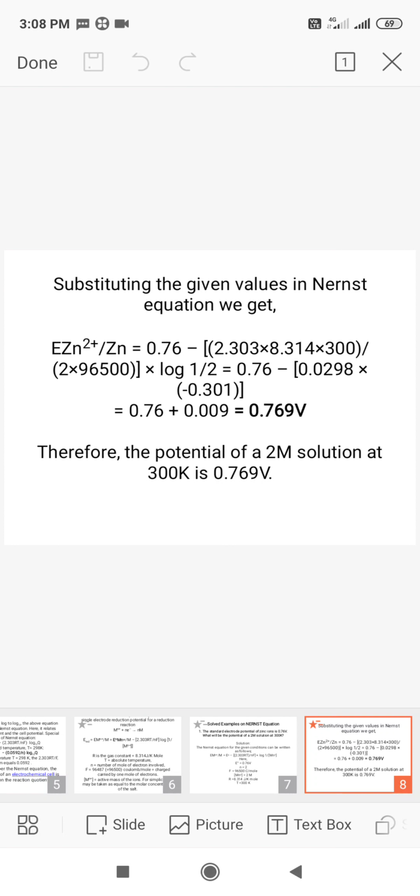That is why it is substituted as log 1 by 2. That will be equal to 0.76 minus, on multiplying 2.303 into 8.314 into 300 divided by 2 into 96,500, this whole value put together as 0.0298, into the log of 1 by 2, that is log of 0.5, which is minus 0.301.